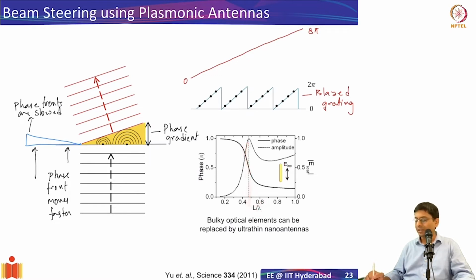There's a resonance, and associated with the resonance we see a phase change. Just like any resonance you will come across in LC resonators and so on, you will have a phase change across the resonance, and the phase varies from about pi, in units of pi, to about 0.2 pi or so. So across the resonance you see this phase variation.